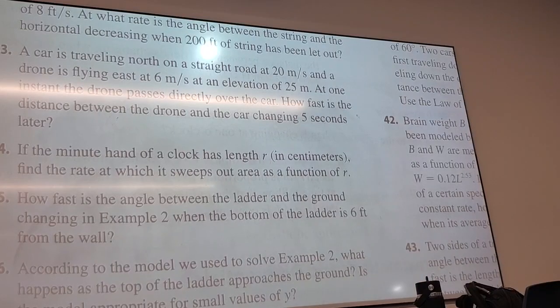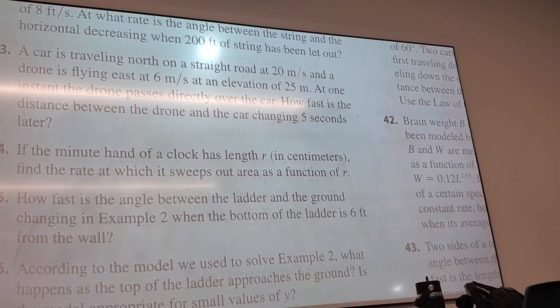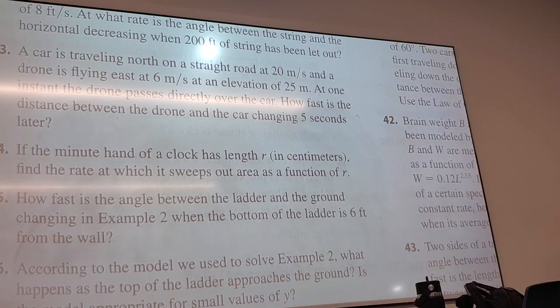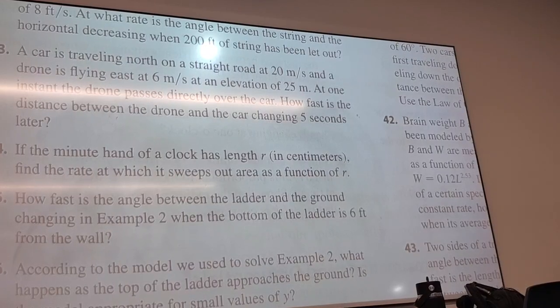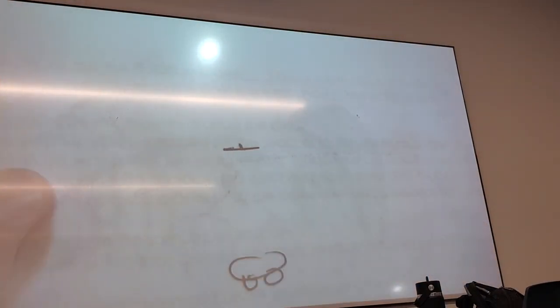Did you try to draw this? Yeah, I tried to. Alright. So it's traveling north on a straight road at 20 meters per second. And the drone is flying east at 6 meters per second at an elevation of 25 meters, so this gets freaky. So at one point, here's my car. Here's my drone.